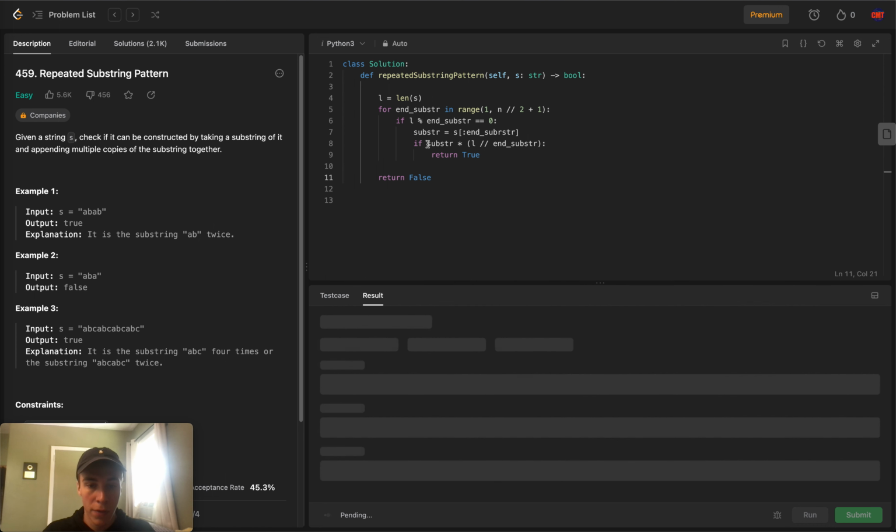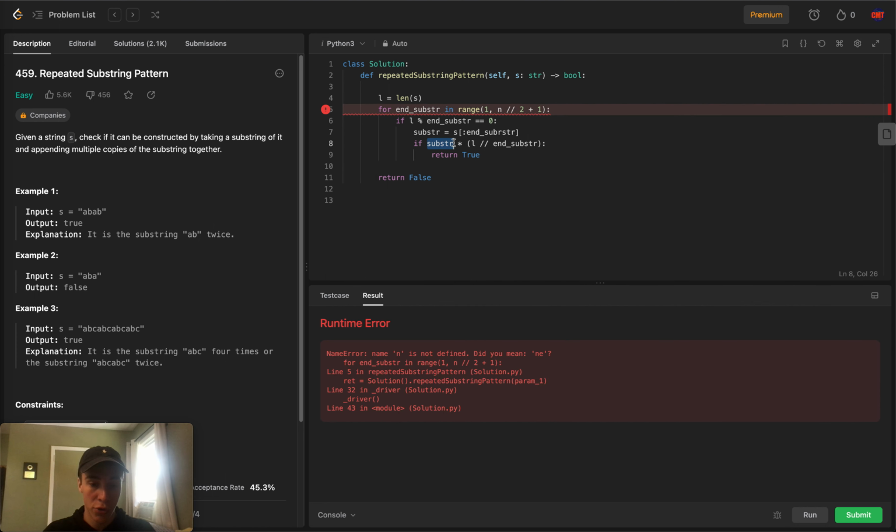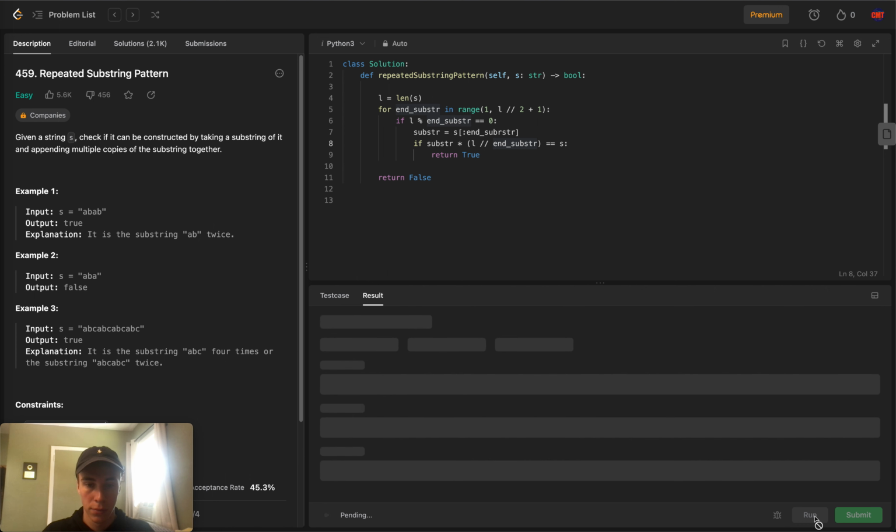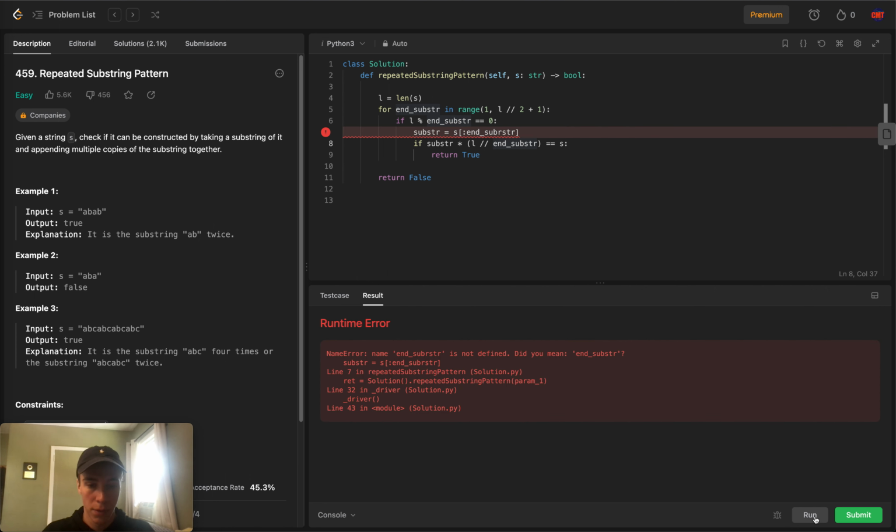So given that I've found a substring, where do I have N? L. If I found a substring that taken this number of times gives me the actual string, then return true. Otherwise, return false. End of sub str.